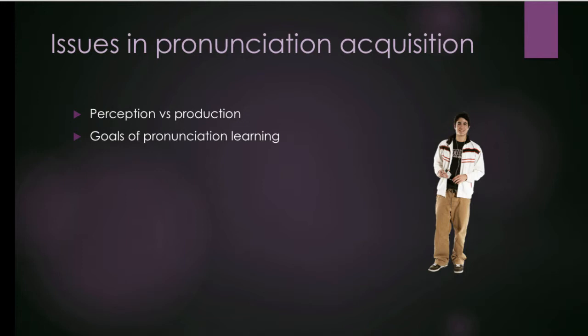He talks about the goals of pronunciation learning, and this is something that I found particularly interesting, and I've actually written a paper about that, which I'll put into the Learn site for you to have a look at if you like, about models and targets. So what is actually the target of pronunciation learning? Now, especially in the case of English as a foreign language all over the world, people generally want to sound like a native speaker.